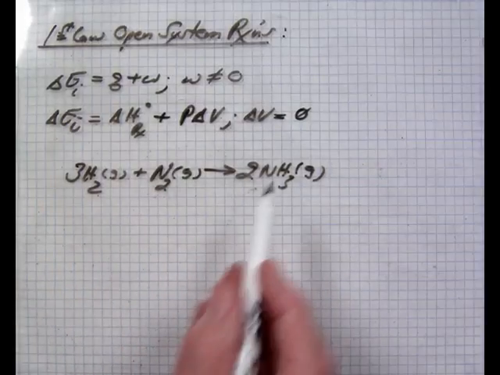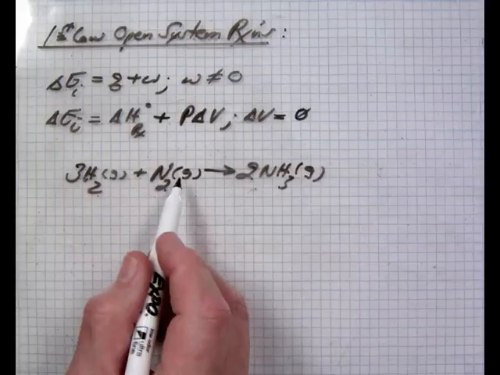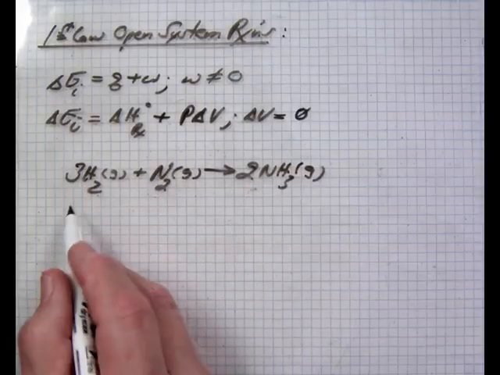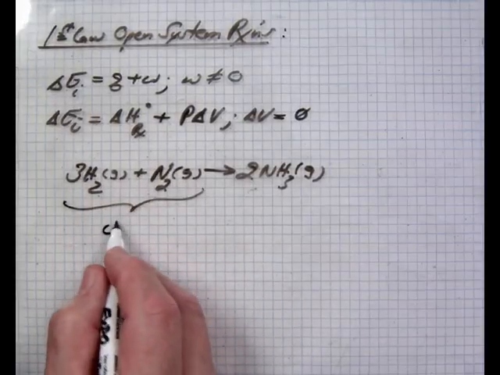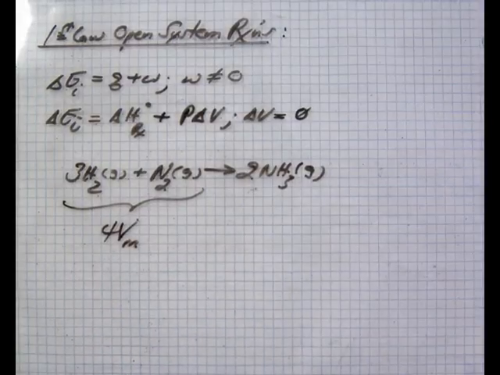When you look at this, the reactant side has 3 moles of hydrogen gas, 1 mole of nitrogen gas. Collectively, that's 4 molar volumes. At STP, 0 degrees and 1 atmosphere, that Vm is 22.4. If not at standard, it's something else.